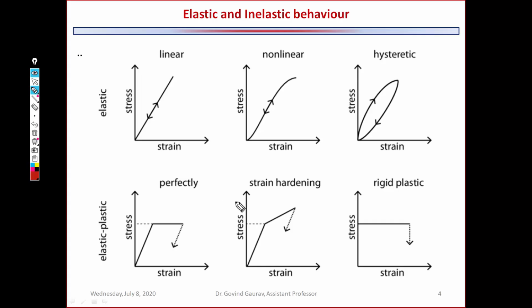For the other kinds of materials, when it reaches the yield value, the stress decreases with the increase in the strain. If the plot is of this form, this is the linear plot and this one is the nonlinear plot, then these types of behavior will be known as materials with strain softening.